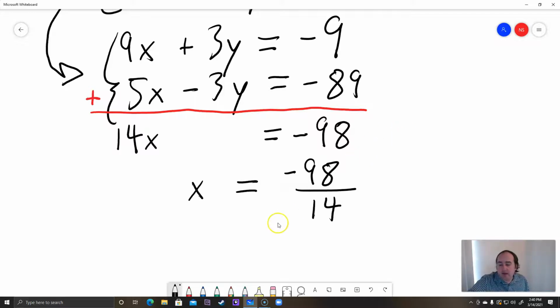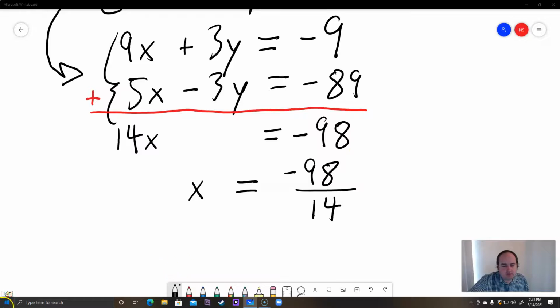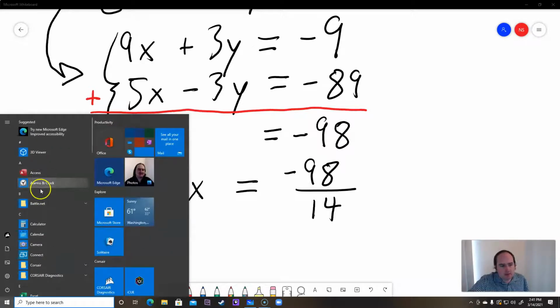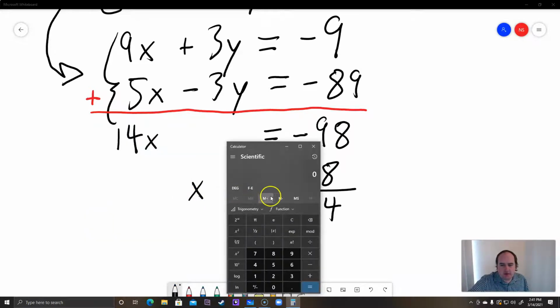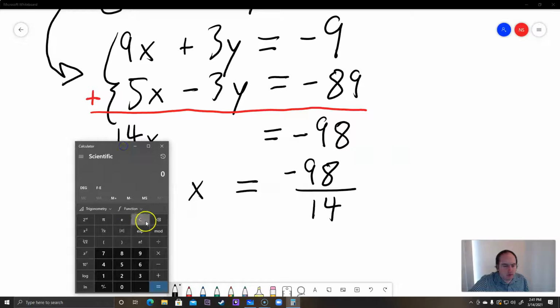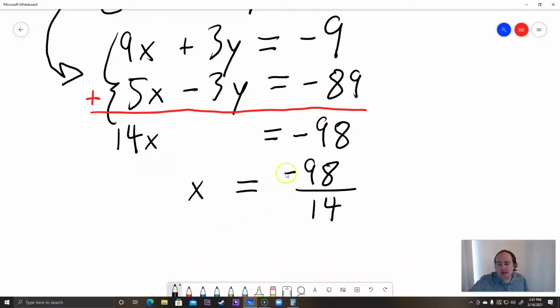So you can use a calculator here if you don't want to deal with dividing by hand. Any calculator is fine. If you just use the one on the computer, that's fine. So we have 98 divided by 14 gives us 7. But here it's going to be negative 7 because it was actually negative 98. So we get x equals negative 7.